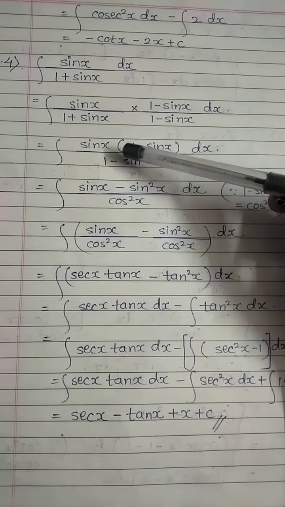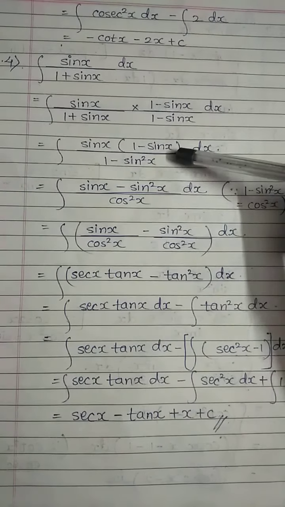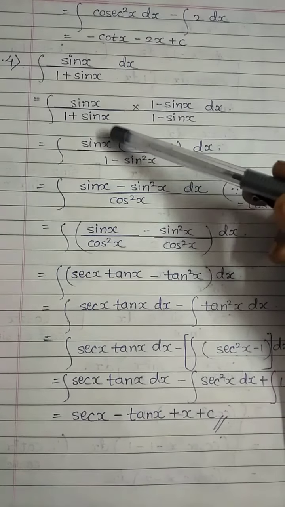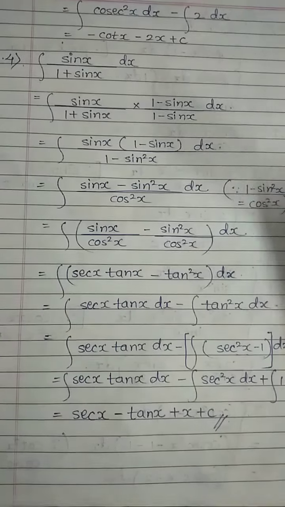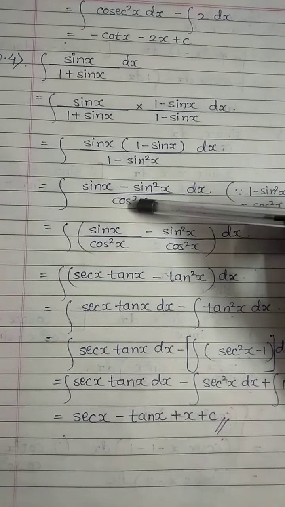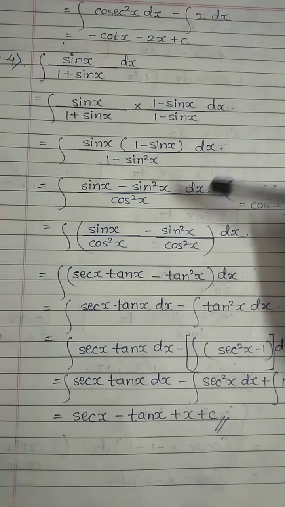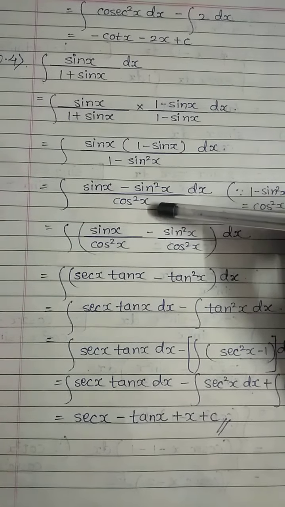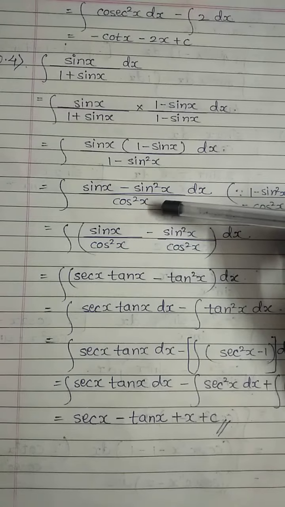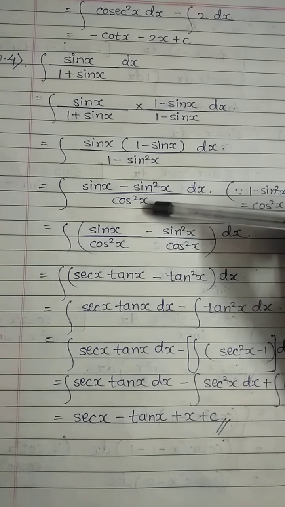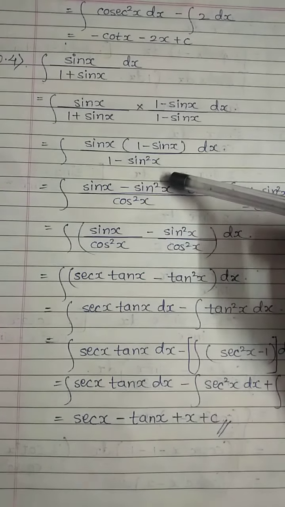Now in the numerator we will multiply this bracket by this sin x which is given outside. So sin x minus sin square x upon cos square x dx. Now here also, since a common denominator is present, we can write the same denominator for both the terms.